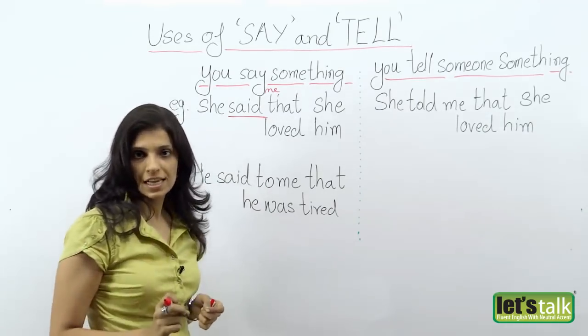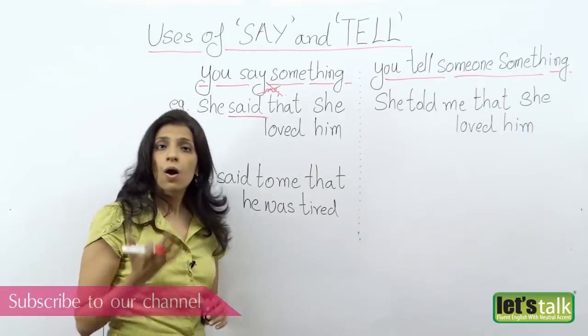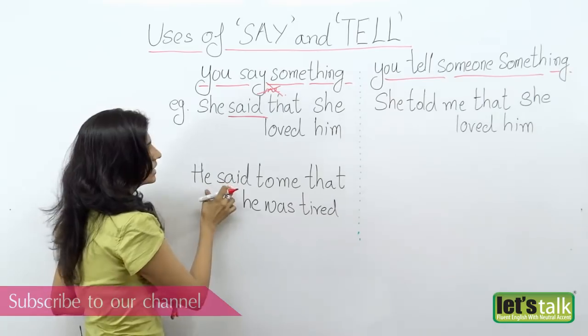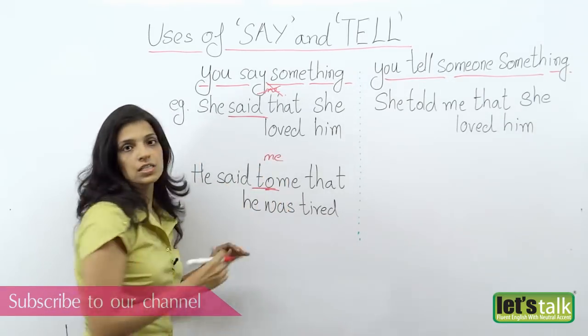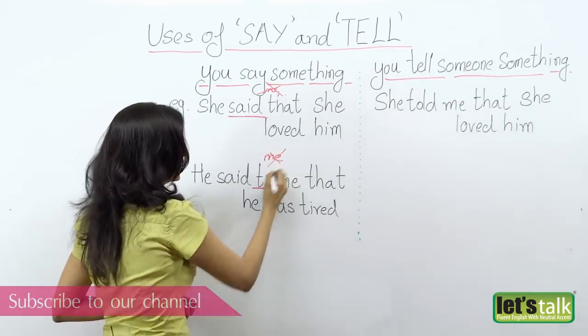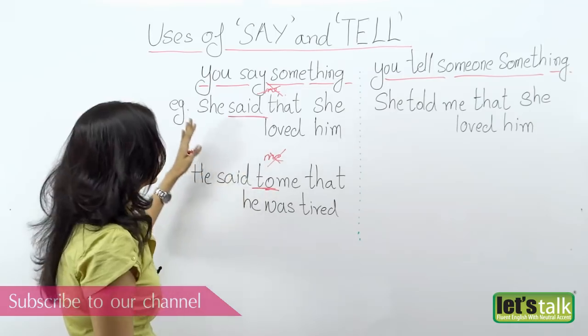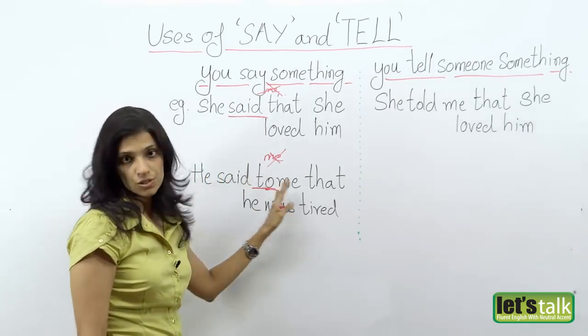You do not say she said me, you say she said that she loved him, or sometimes you can say to someone. Like in my second example, he said to me. Again, please remember friends, you do not say he said me, he said to me that he was tired. So you say something or you say something to someone.